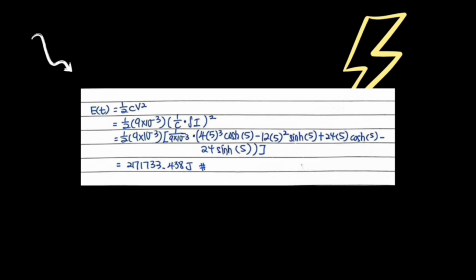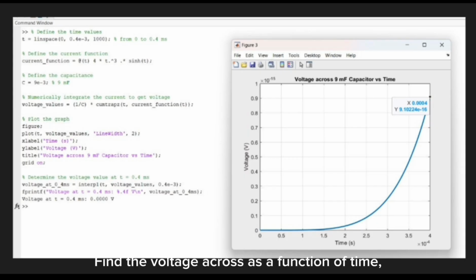Find the voltage across as a function of time, plot a graph of the voltage versus time, and calculate the voltage value after t equals 0.4 millisecond. The first step is to define the time value from 0 second to 0.4 millisecond. The second step is to define the current function, which is i(t) equals 4t to the power of 3 times hyperbolic sine t.